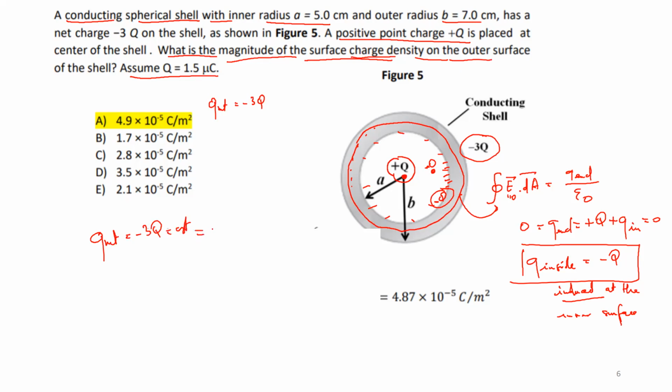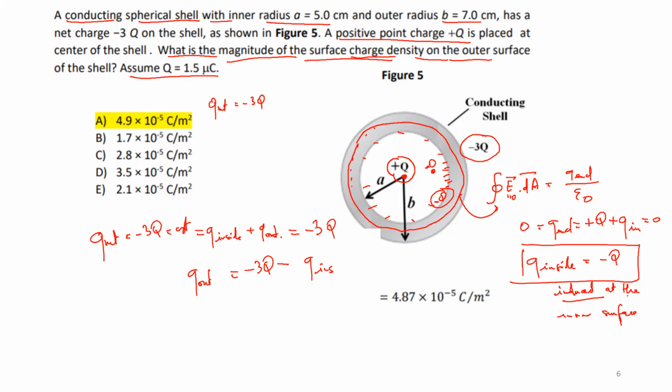This means even after I induce some charge on the inner surface, Q inside, by which I mean Q on my inner surface, plus Q on my outer surface is still equal to minus 3Q. That means Q on my outer surface is just minus 3Q minus Q inside.